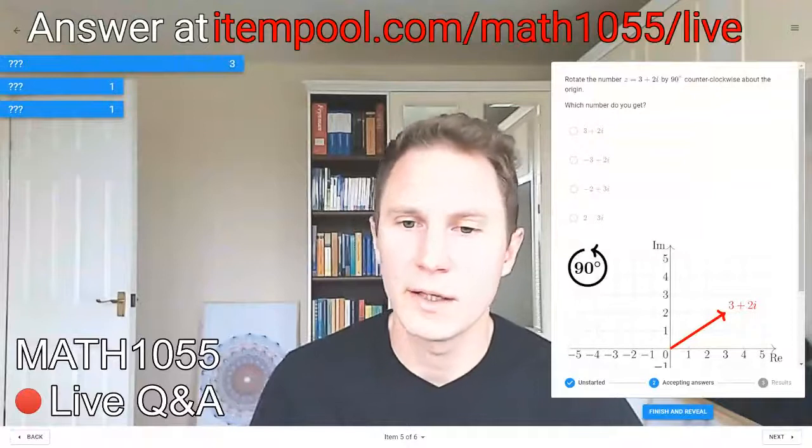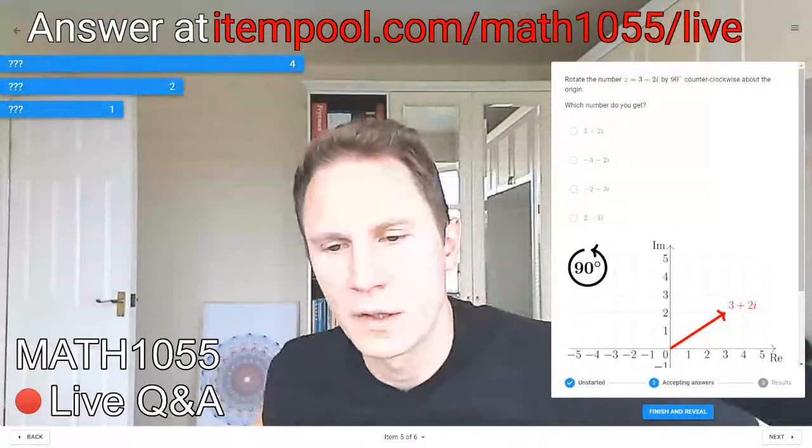And here is a drawing of the complex plane with 3 plus 2I, and I'm asking you to rotate this vector about the origin by 90 degrees in the counterclockwise direction.